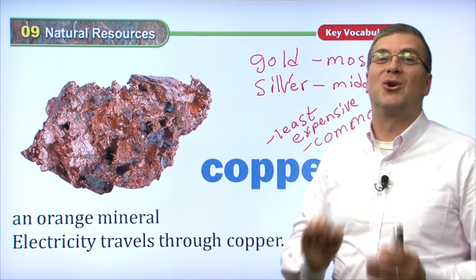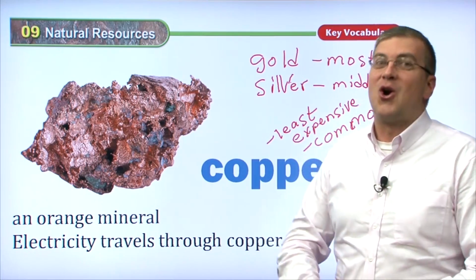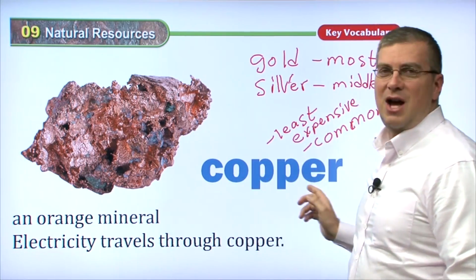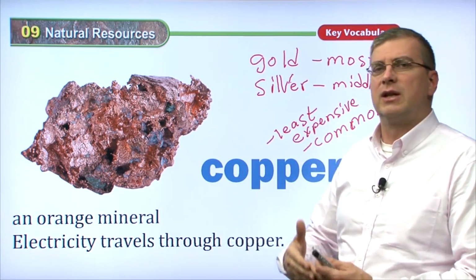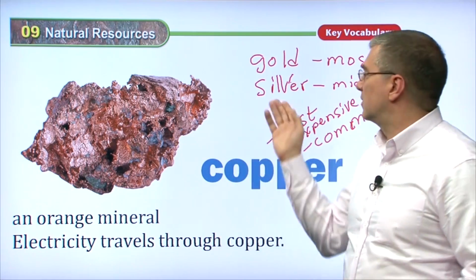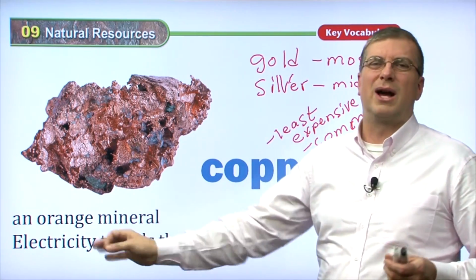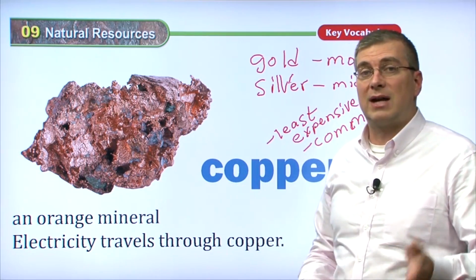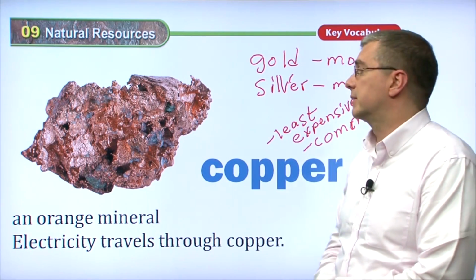If you had gold wiring in your home, it would be worth a lot of money and it would be too expensive. So we have to use copper. Copper is good enough to move electricity through. We could also use silver, but again, silver is too expensive to use in a wire. So most of the time we use copper in electronic devices or in the wiring in our houses.